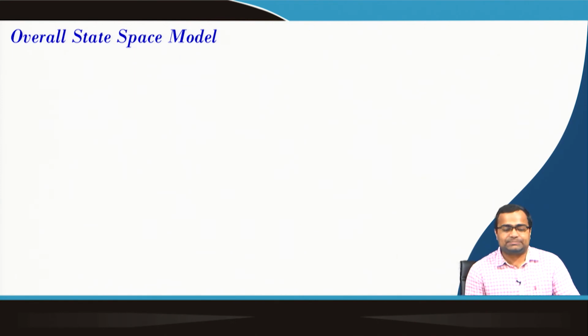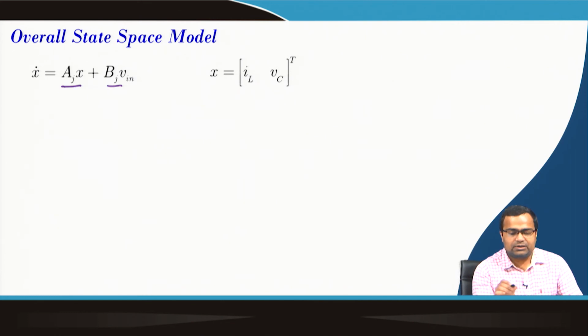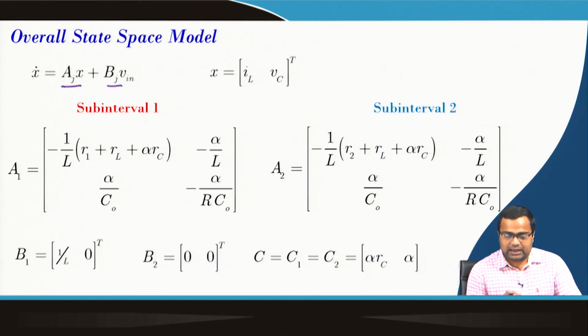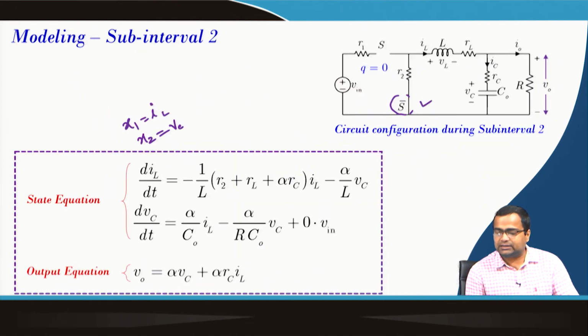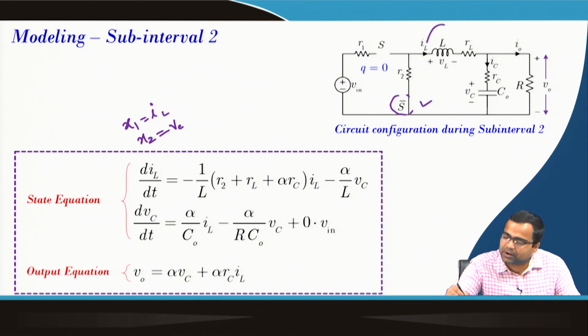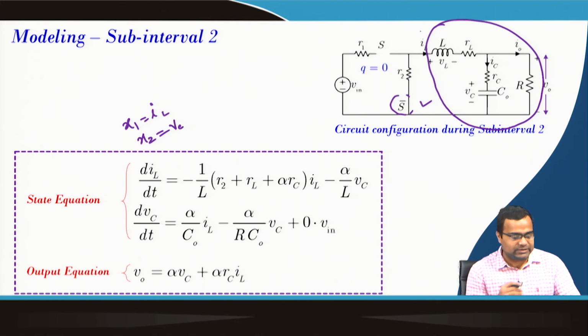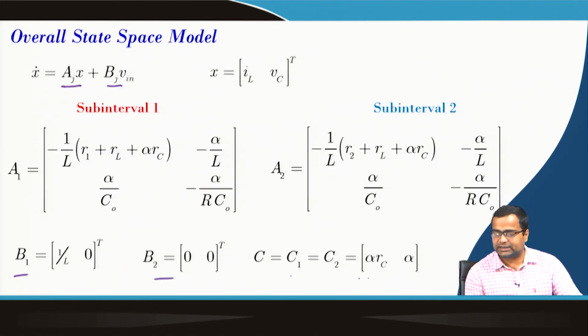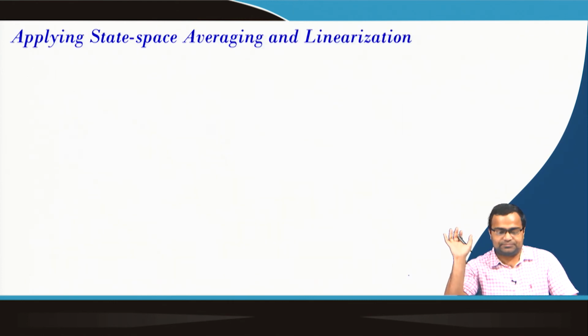Then the overall state space model, for two subsystems, we will get A1, A2 matrices and B1, B2 matrices and a C matrix, which is common because if you go back to the circuit, you will find this particular part is common. So, our C matrix will be same because it is associated with the output side dynamics.